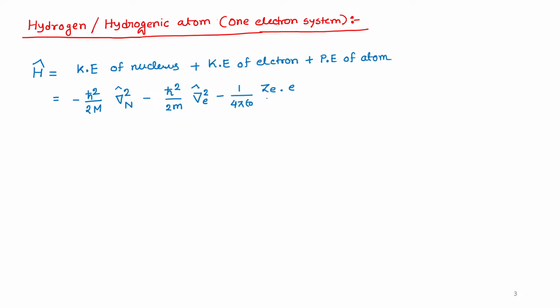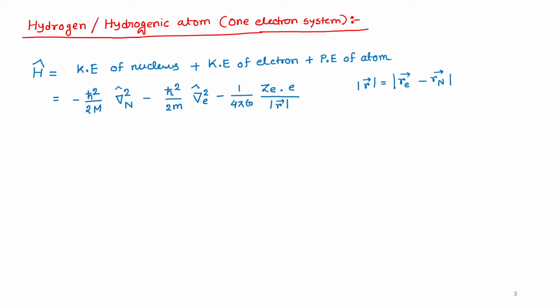Here we are dealing with the magnitude, and the modulus of the position of the electron with respect to the nucleus, which can be defined as Re minus Rn, where Rn is the position vector of the nucleus and Re is the position vector of the electron.